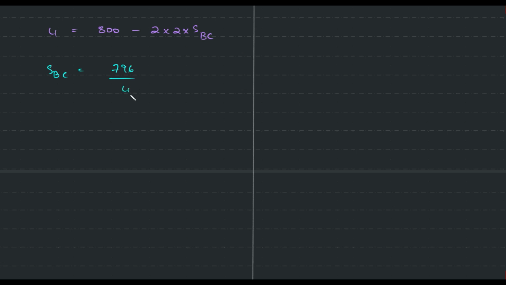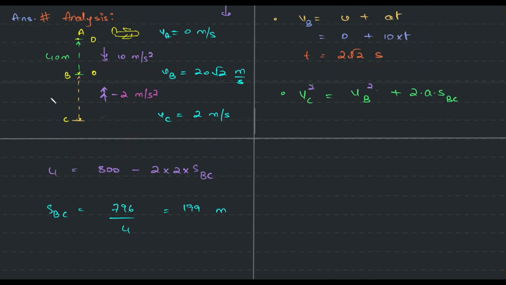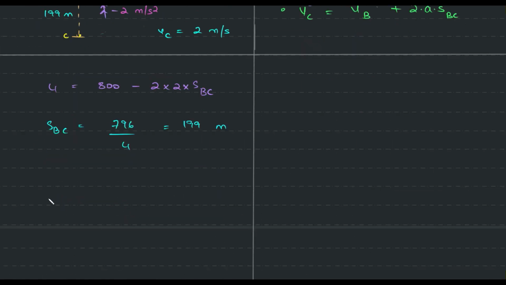796 by 4. 796 by 4 will be 199 meters. So this is 199 meters. Time, we can figure it out with v is equal to u plus at.